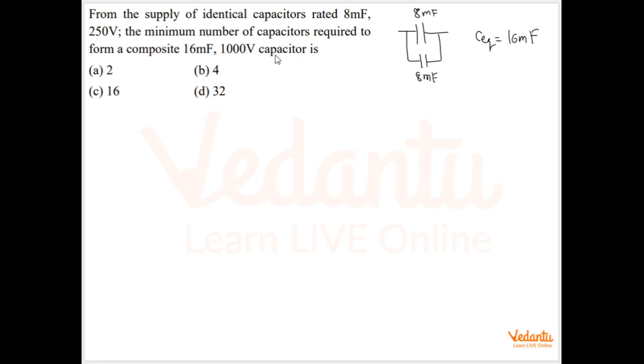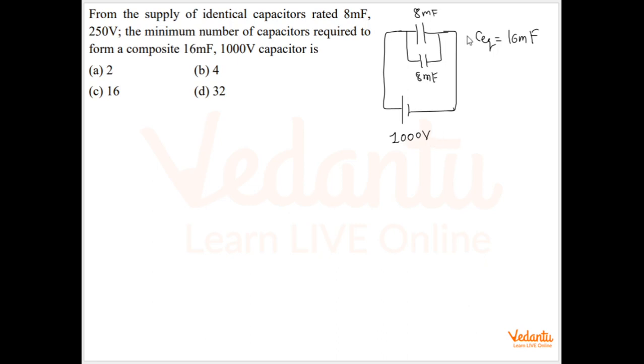If the potential difference across the capacitor is more than that beta, they will not work, the capacitors will break down. Now we want to make a composite which has a voltage rating of 1000. Essentially we have to create a situation where if we connect the composite with a 1000 volt battery, it should not break.